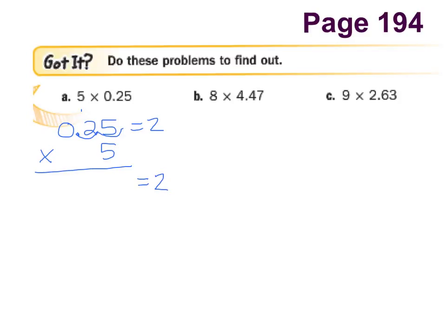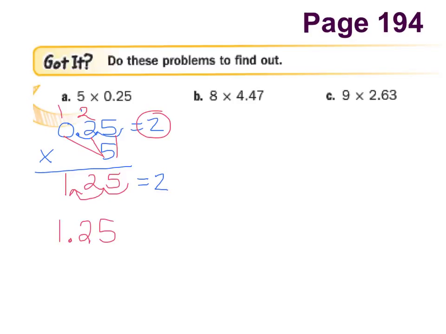Now I'm just going to do regular multiplication. 5 times 5 is 25. 5 times 2 is 10, plus 2 more is 12. 5 times 0 is 0, plus 1 more makes 1. And since I had 2 numbers after the decimal point there, I need to put 2 numbers after the decimal point here. My answer is 1.25.